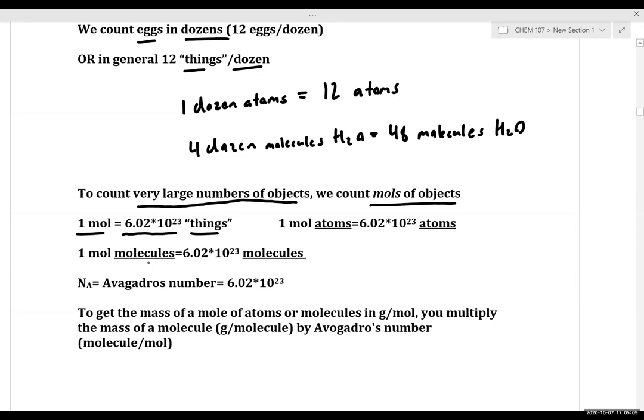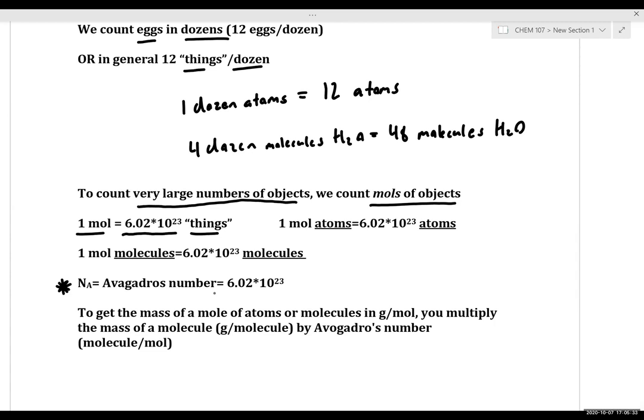A mole of molecules would represent 6.02 times 10 to the 23rd molecules. So this number, 6.02 times 10 to the 23rd, is known as Avogadro's number, which is a common constant utilized in chemistry.